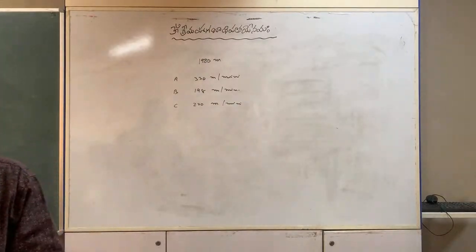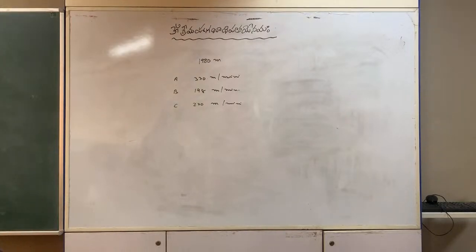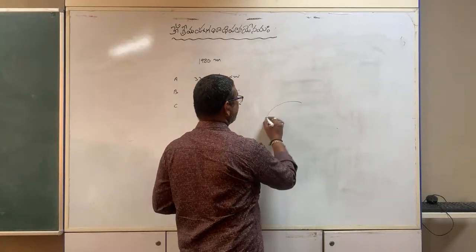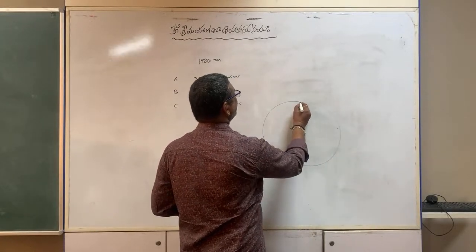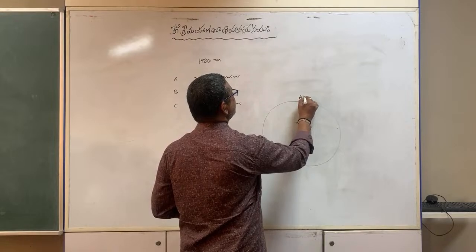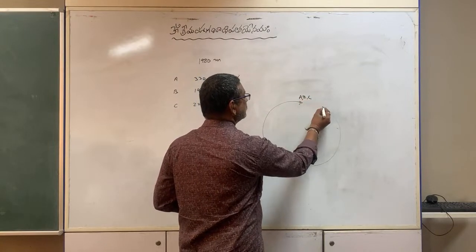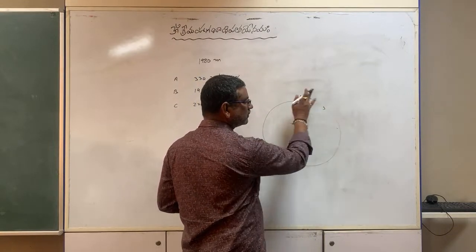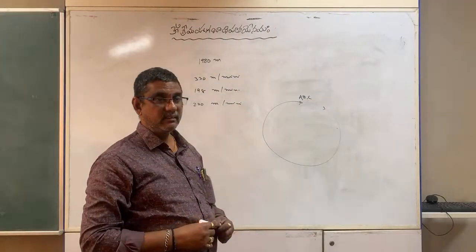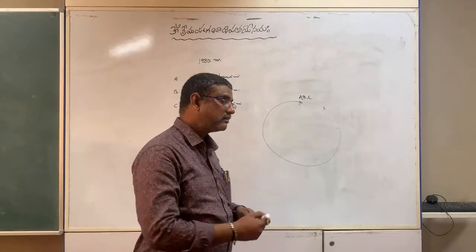So what is asked? How much time will it take to reach again? They started at the same time and in the same direction. ముగ్గురు, circular path. ఇక్కడే ఉన్నారు ముగ్గురు, A, B, C, ఇదే డైరెక్షన్ లో మూవ్ అవుతున్నారు, but different speeds.